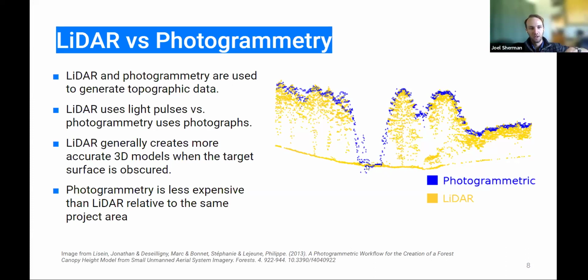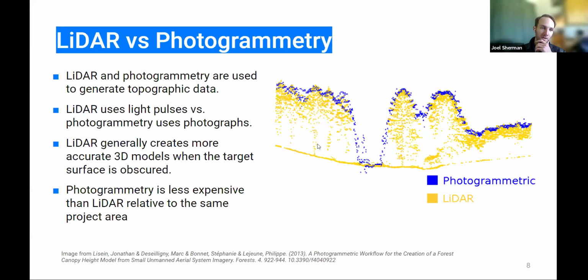So it gives a good full vertical profile. This is literally a profile through a forested area with a road running through it. It gives a good vertical profile of what everything looks like in that environment.